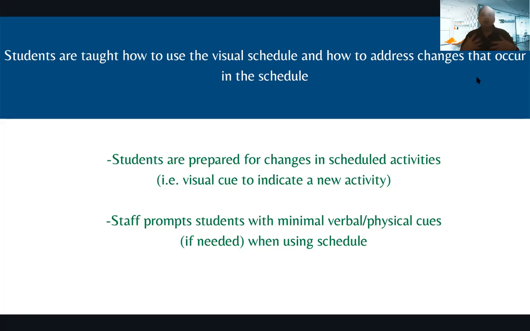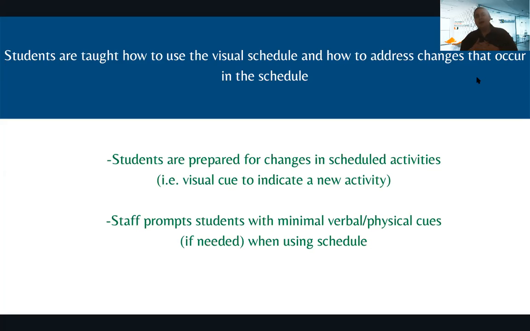But for them to understand, oh, I'm going to take this schedule, this picture or this object or whatever, I'm going to go to the area that I need to be at. I'm going to get something. So my consequence is that I'm going to get some sort of reinforcer, and then I'm going to engage in this activity, and later I'm able to do things that I enjoy doing. So that's one thing. It's important for you to keep that in mind, because it is something that you'll see happen.